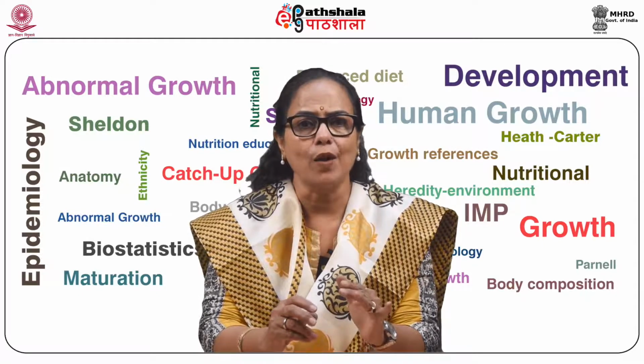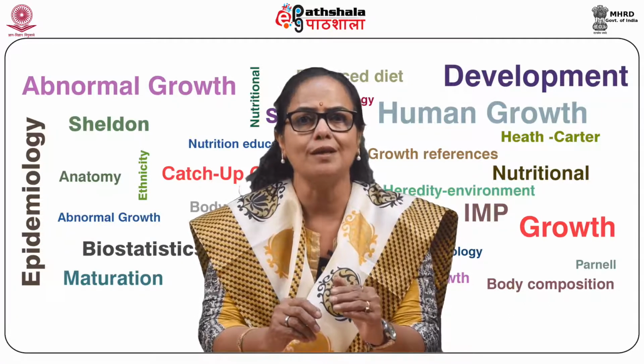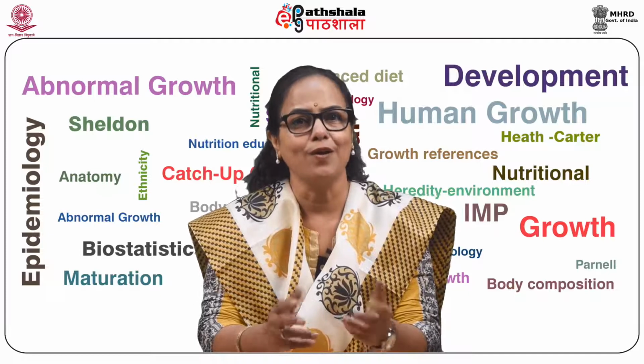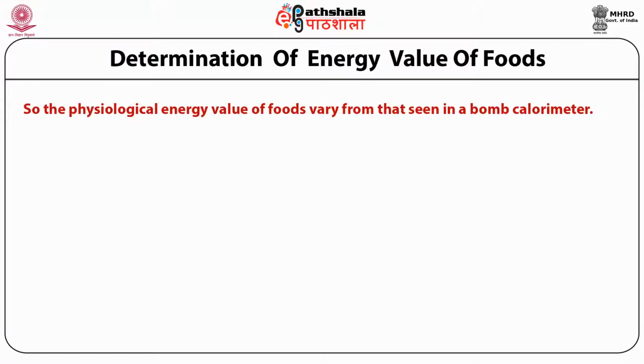Thus, the Atwater-Bryant factors show the physiological energy value of foods. So, the physiological energy values of food vary from that seen in the bomb calorimeter.